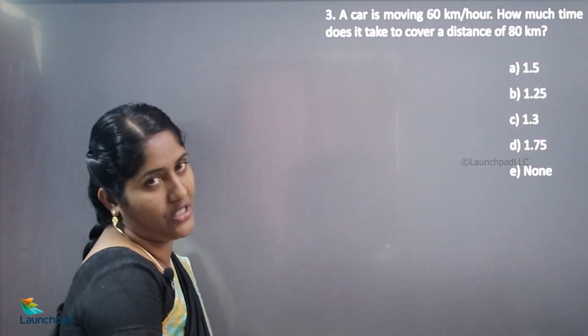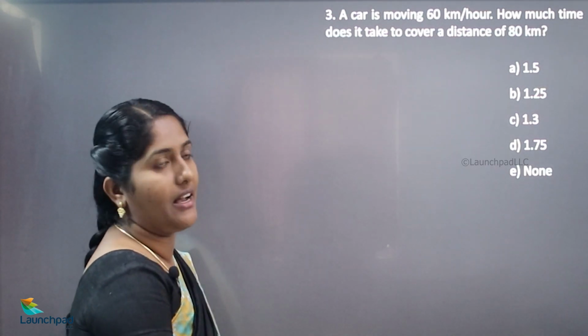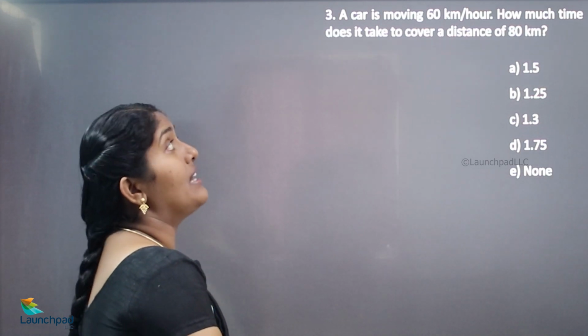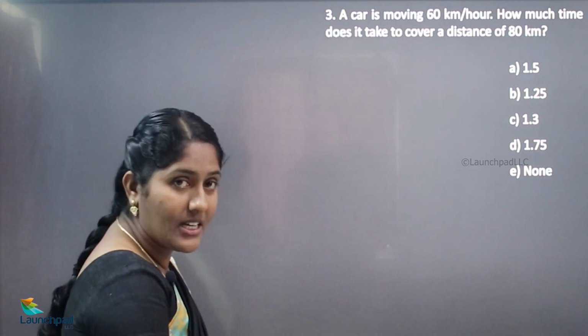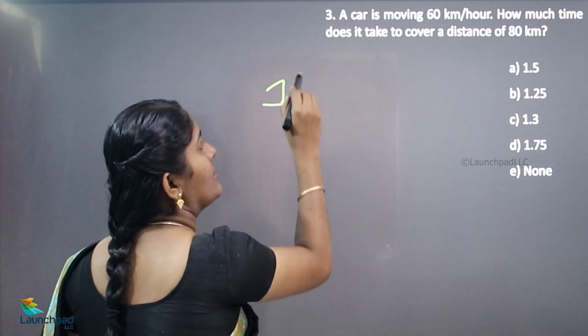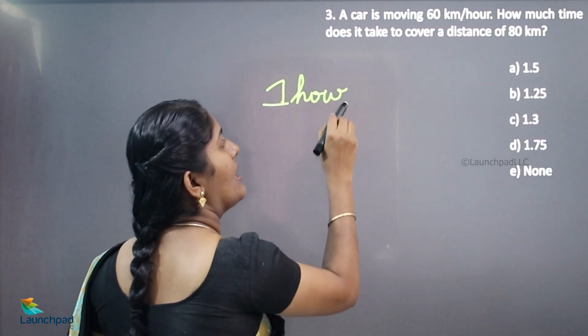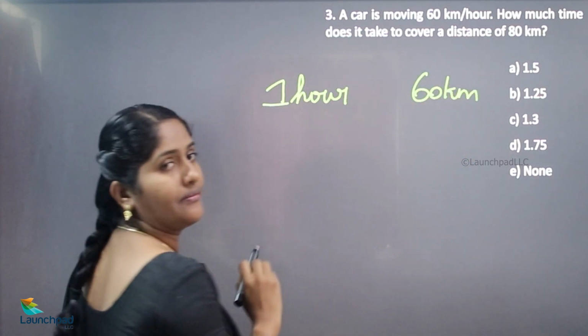And now, your next question. A car is moving at 60 km per hour. How much time does it take to cover a distance of 80 km? So for 1 hour, the car covers 60 km.